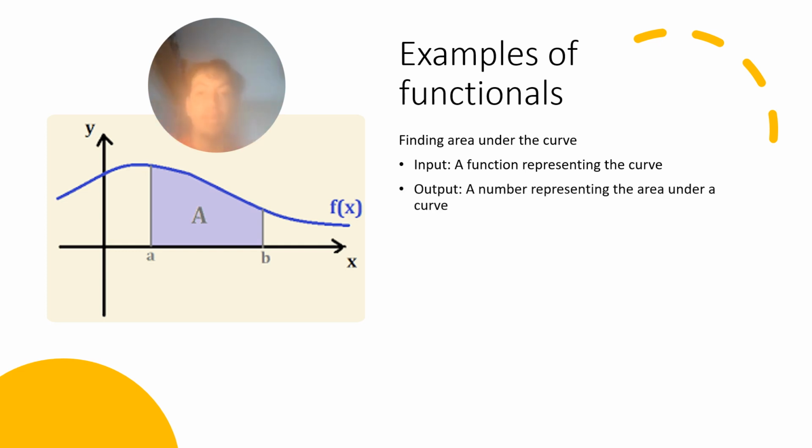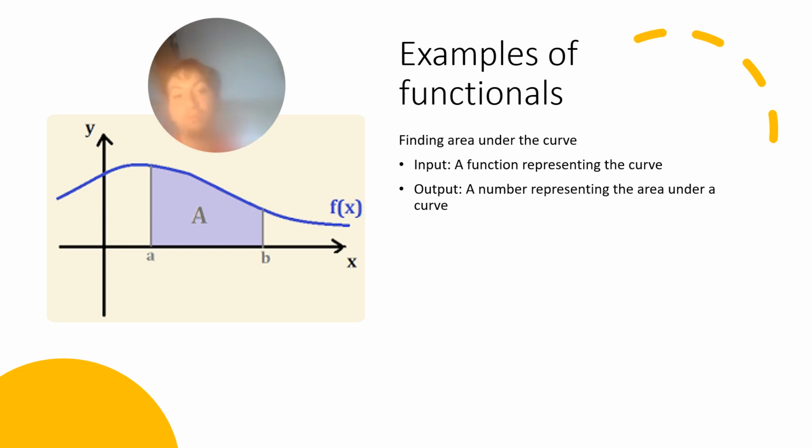So the input could be an entire function, or at least a segment of a function, and then the output is a number representing the area between the curve that represents that function and the x-axis. So for example, our input function could be f of x, and if we want to find the area between a and b, we take in the entire function between those x-coordinates and we output a number.